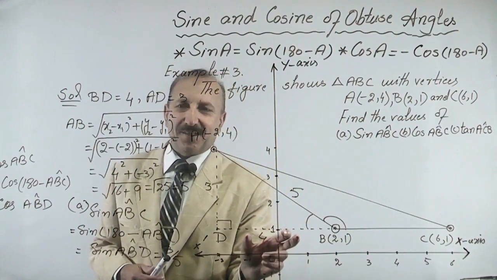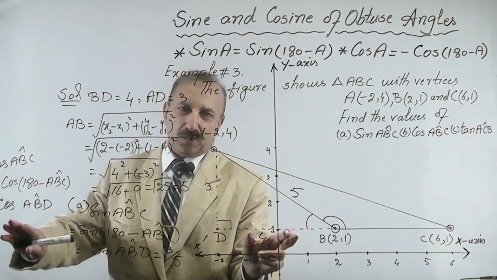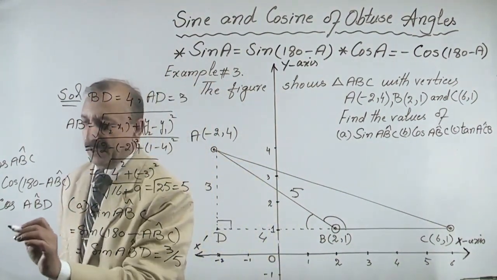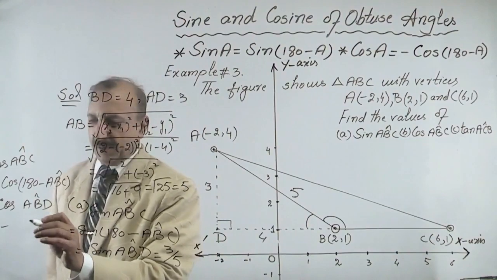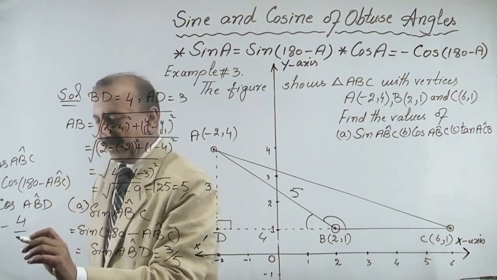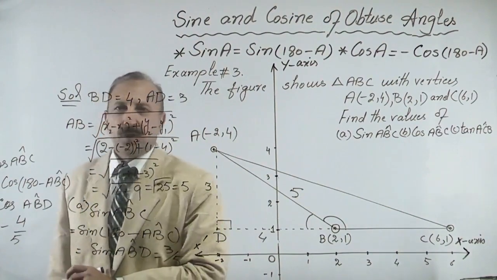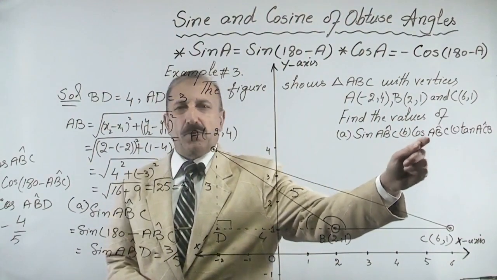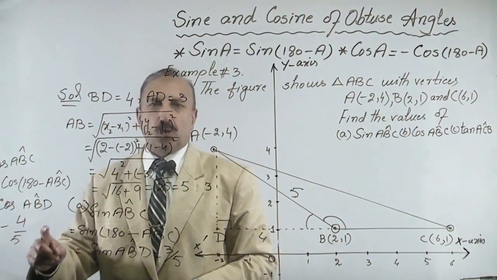This is adjacent that we require for the cosine ratio, and this is hypotenuse. We will write its value: minus adjacent, that is 4, over hypotenuse, that is 5, my dear students. So for part B, the value of cosine of ABC is minus 4 over 5.